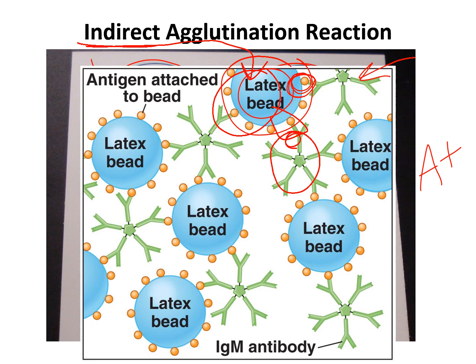So you can use these latex beads to identify the presence of a bacterium in a sample. And this can be used to identify the presence of E. coli in water. So if you have contaminated water, you take the latex beads that identify the particular strain of E. coli, you add a sample of water, and if you get agglutination, then that water is positive for presence of E. coli.